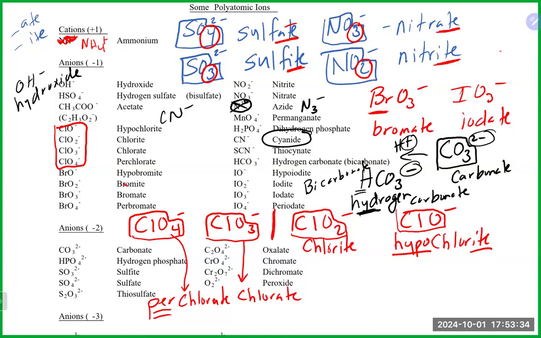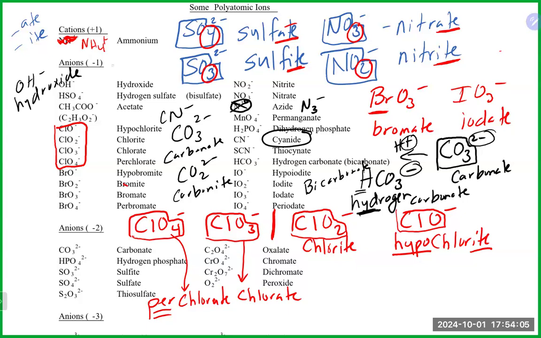And like I said, most of the time they will be attached. So for example, just to show you how you could adjust this, obviously right here, CO3 2 minus is carbonate. CO2 2 minus would be carbonite, right? One less oxygen, ITE at the end of it.